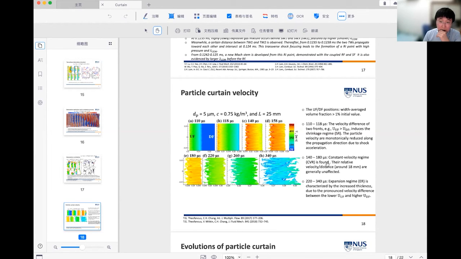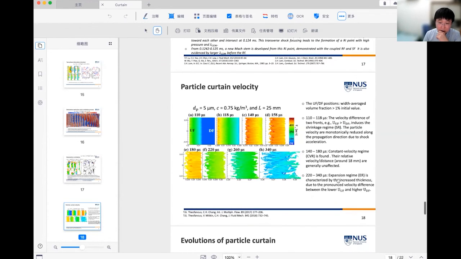Their relative velocity and distance are generally unaffected. For the last three time instants, from 220 microseconds to 340 microseconds, we found an expansion regime. It is featured by the increased thickness due to the pronounced velocity difference between the lower upper front and the higher down front.